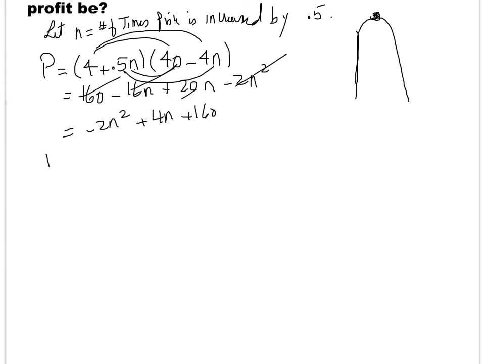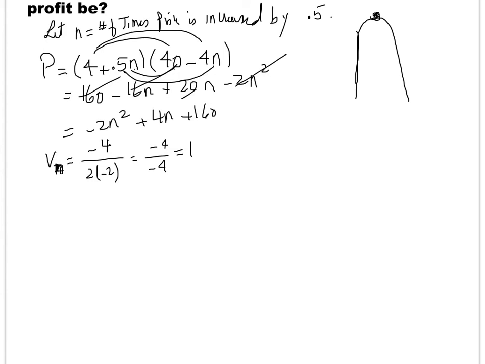Remember the formula: v sub x is minus b over 2a, so it's minus 4 over 2 times negative 2, which is negative 4 over negative 4, which is 1. This is not v sub x, this is v sub n, because the variable n is really x.